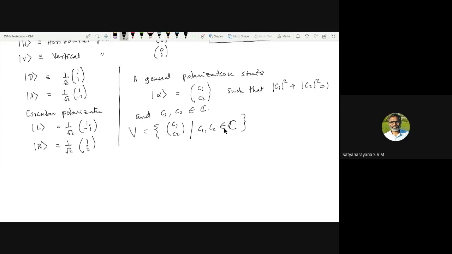Everything is there. So this is basically a two-dimensional vector space. Dimension is equal to 2, and V is defined over a field of complex numbers.